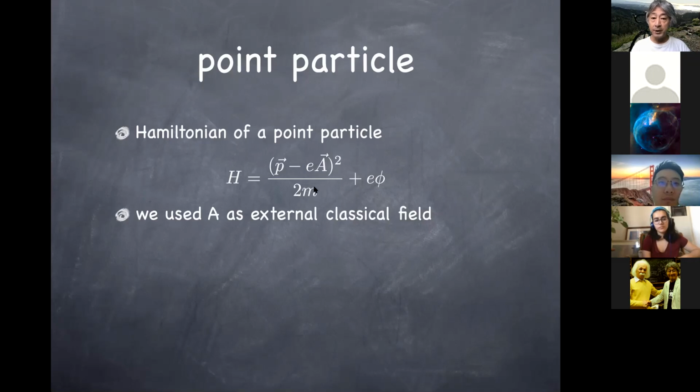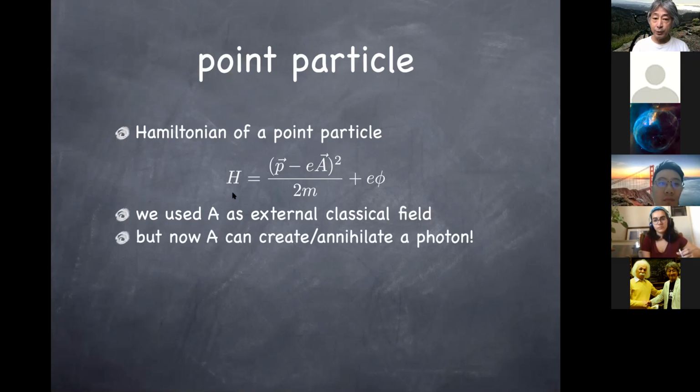But now we learn that this vector potential has creation and annihilation operators in it. So this Hamiltonian that used to be just a point particle Hamiltonian now has a lot more in it, namely that it can create or annihilate a photon. And that's the aspect we're going to use today.